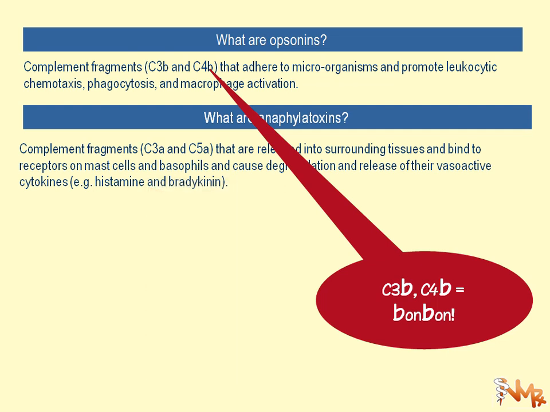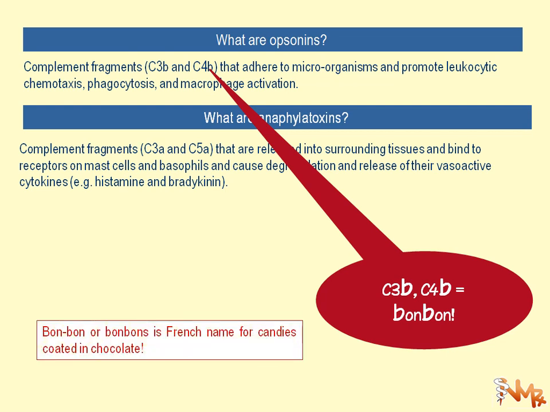These C3b and C4b cause chemotaxis of neutrophils and macrophages, and they get attracted to these tasty bonbons. And of course, C3a and C5a, A for anaphylaxis. So B for bonbon and A for anaphylaxis.